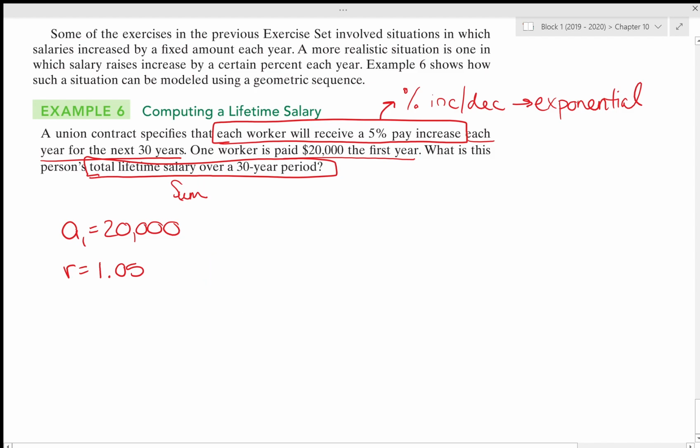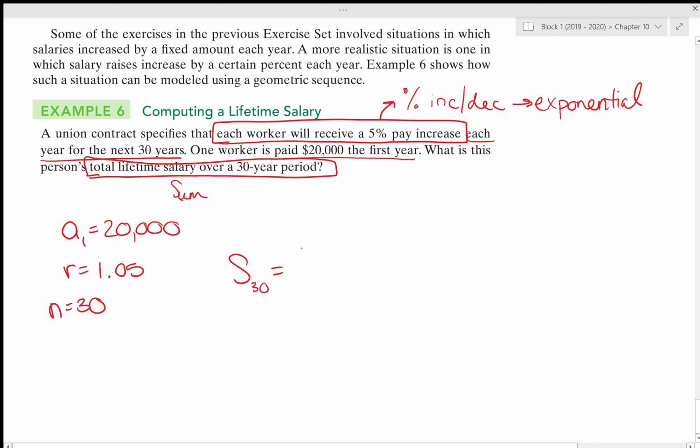So our rate is going to be 1.05. If it was a decrease, it would have been 0.95, because we went down 5% from 100 to 95%. So we have our first term, our rate, and n is 30. That's all we need to do the sum for 30 years.